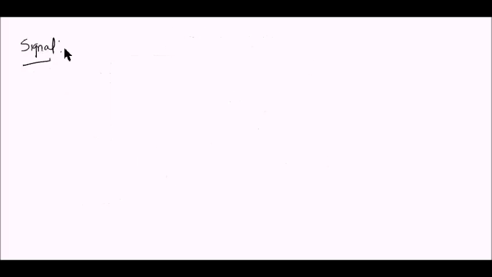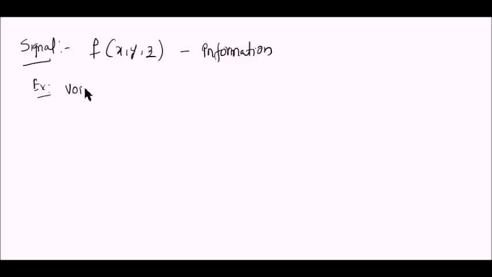Now we will discuss the formal definition of a signal. A signal is a function of one or more independent variables, and it also has certain information associated with it. In the previous example, voice is a signal. Voice contains certain information inside it, and the amplitude of the voice varies with respect to time.